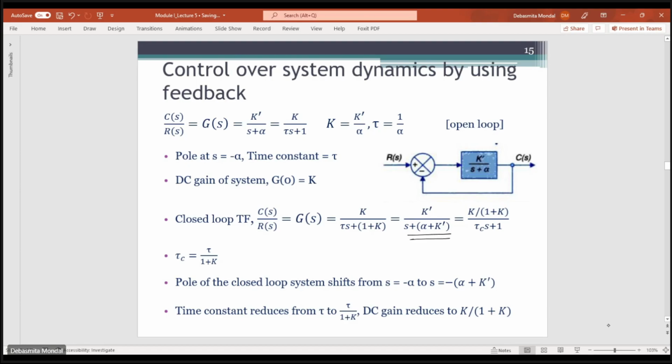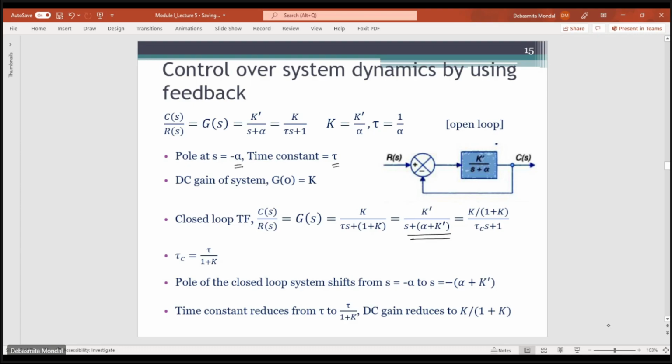When we were dealing with an open loop system, the pole was at minus alpha, but with a closed loop system the pole position shifts to minus alpha plus K dashed. Also, the time constant was tau for the open loop system, and for the closed loop system it gets reduced by a factor of 1 plus K.